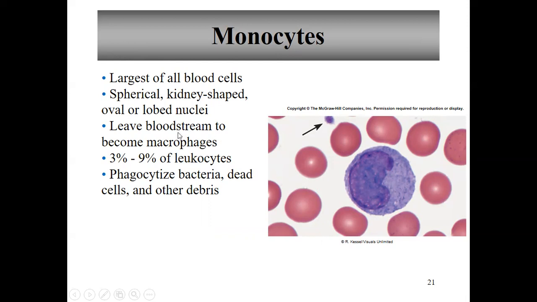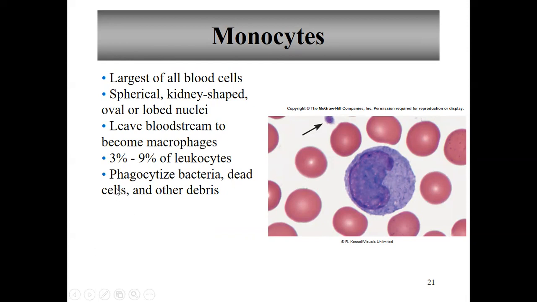These will leave the bloodstream as necessary to become macrophages. So macro means big, phage refers to eating. So this is a big eating cell. When it leaves the bloodstream, it's leaving because there's something there, either bacteria or other dead cells.